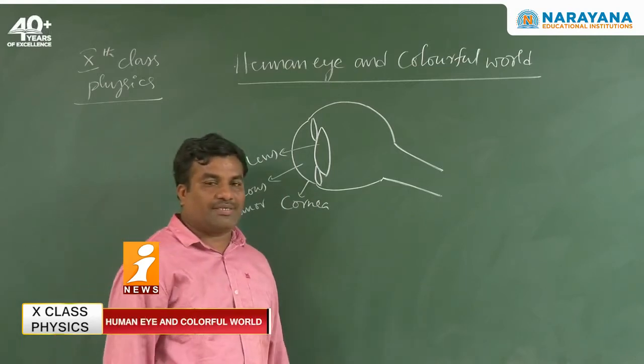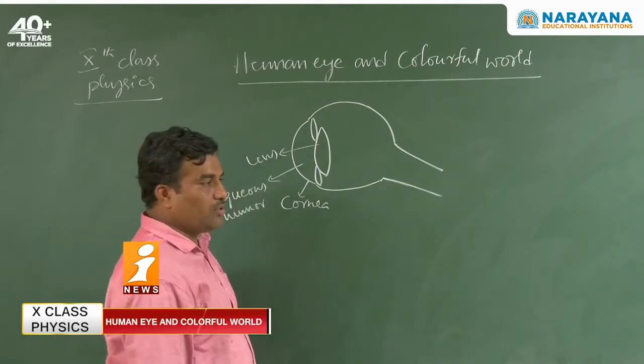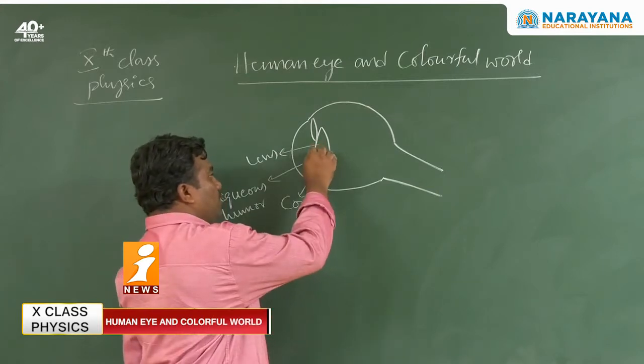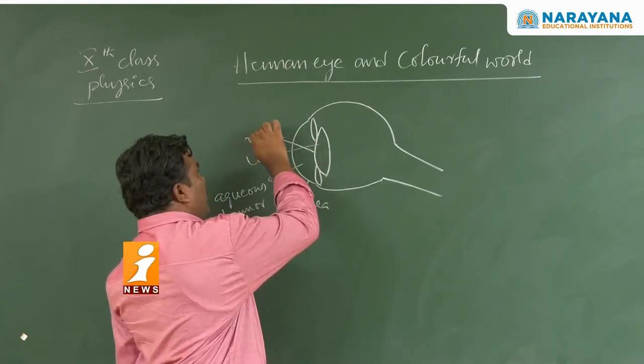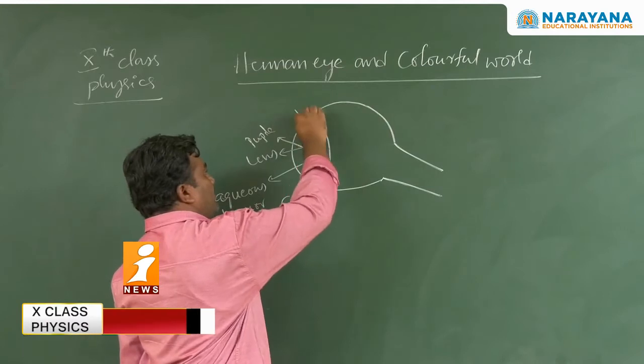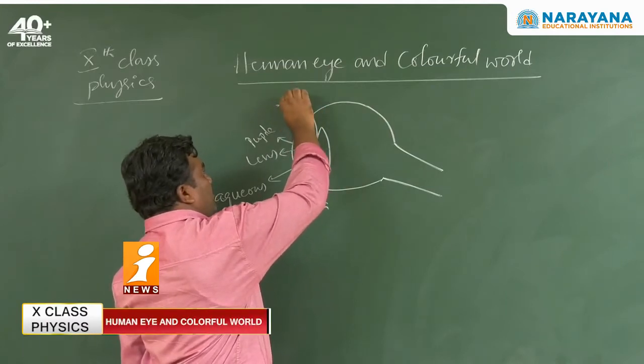The iris has a hole in the center, and that hole is the pupil.